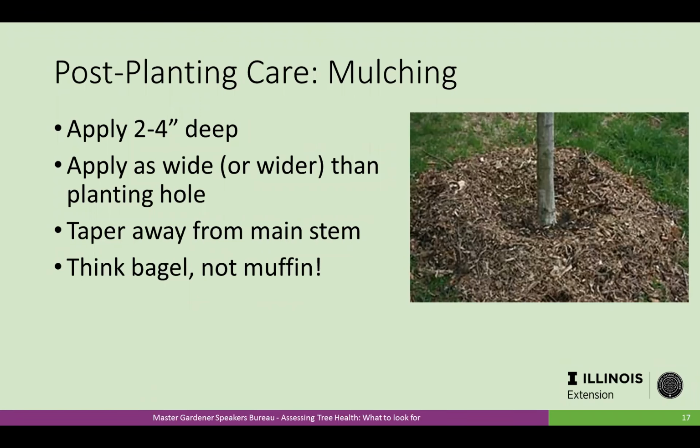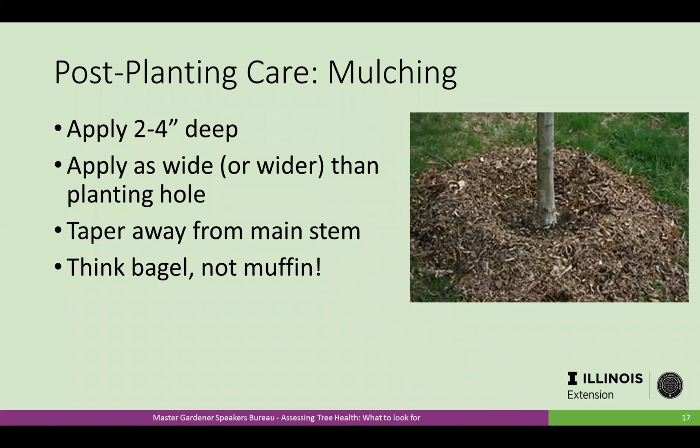The rule is to apply it 2 to 4 inches deep and apply it as wide or wider than the planting hole. Well, the reason for this is that your tree has what's called a drip line, and if you look at the canopy of that tree, it's going to extend a few inches beyond where you see branches.